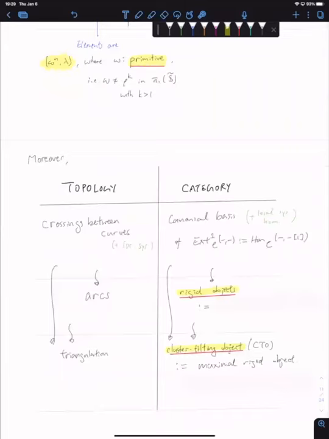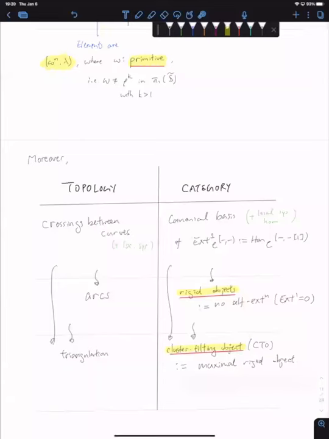Since crossings correspond to non-trivial elements in the extension group, arcs, meaning self non-crossing curves, correspond to what representation theorists call rigid objects. They are just objects which have no self-extension, so Ext^1 is 0. These are crossings between any curves, not just one curve.